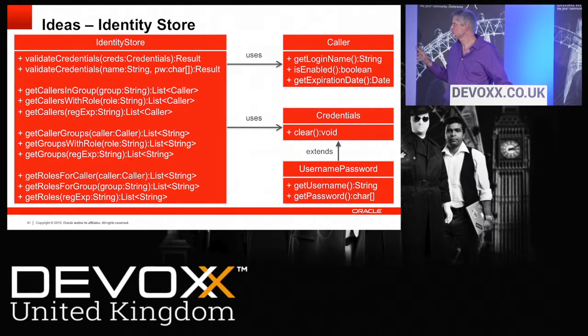And as for credentials, credentials being username, password, could be a token, could be an X509 certificate, could be whatever you decide, maybe a JWT. The system we're proposing is that we'd have an interface that just has the ability to clear itself, and then you would create subclasses of that credential interface for different types.